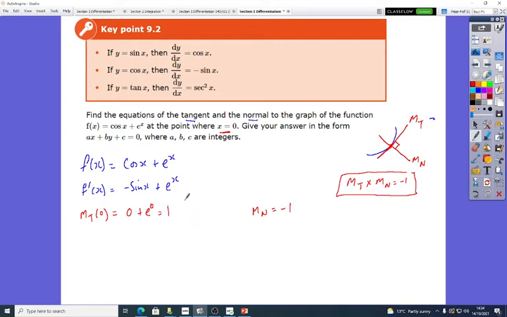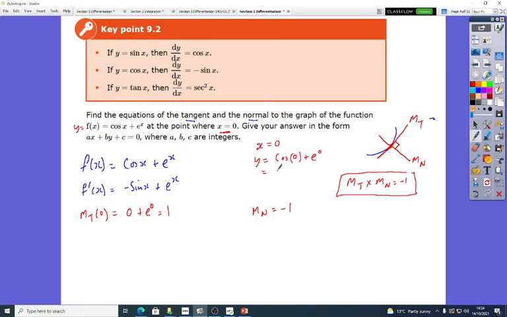Now, when I'm finding the equation of the lines, I need a coordinate point. I need that point where all the action is. I know that x is equal to 0. I need to find out what y is there. Now, what is y? Well, y is the function, so y equals f of x. If I put 0 in this function, I will get cos of 0 plus e to the 0.